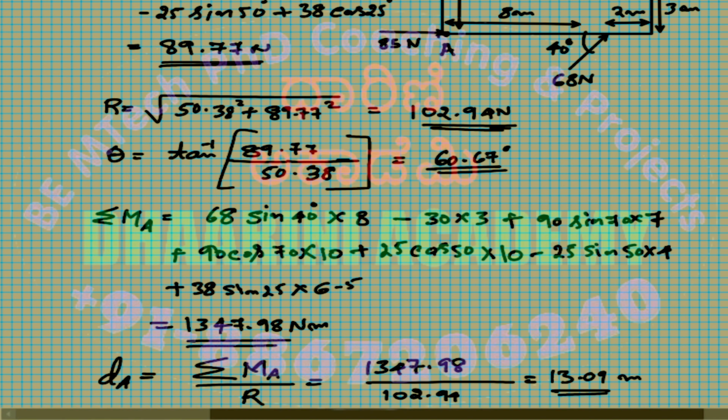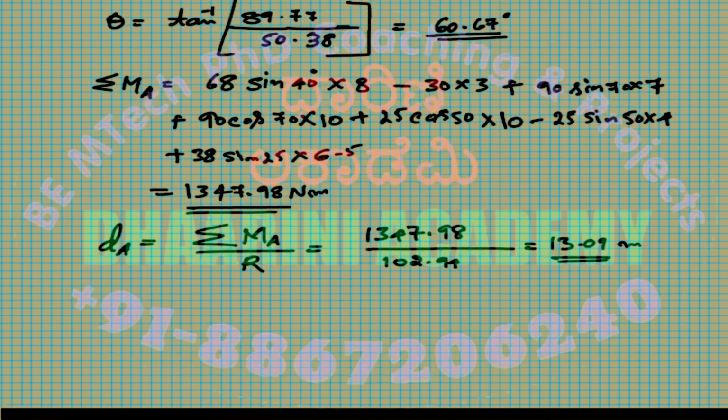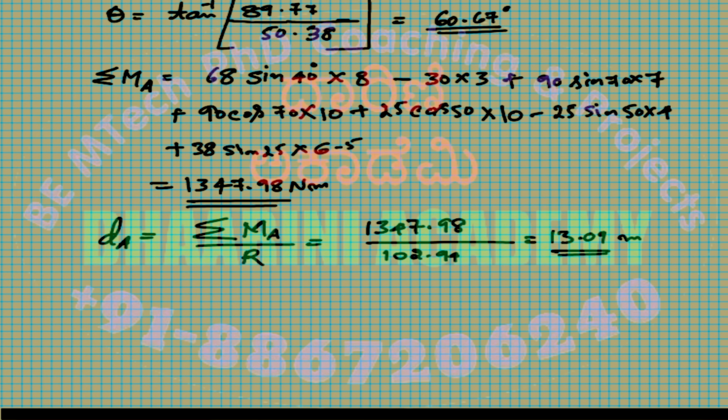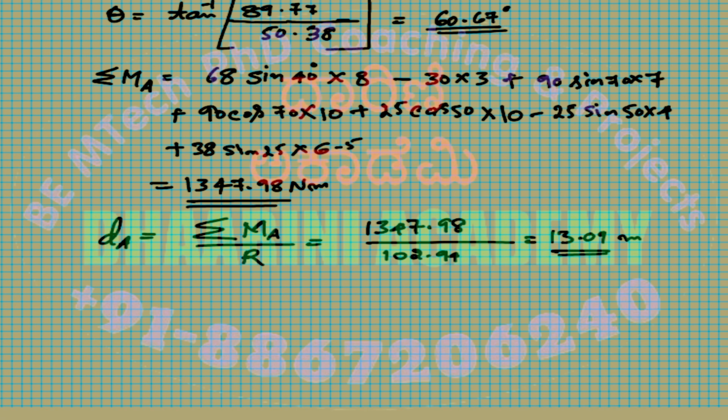So the shortest distance from A to this particular force R is 13 meters. So out of many R's which can have the same magnitude and angle, there will be only one force which is satisfying this condition. Okay, right. So dA is fine.